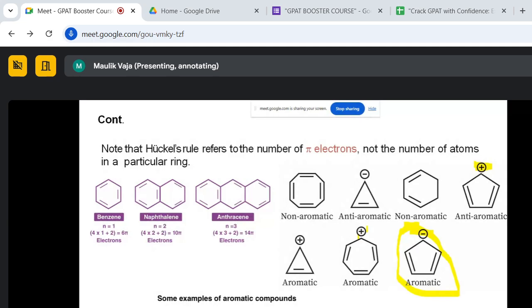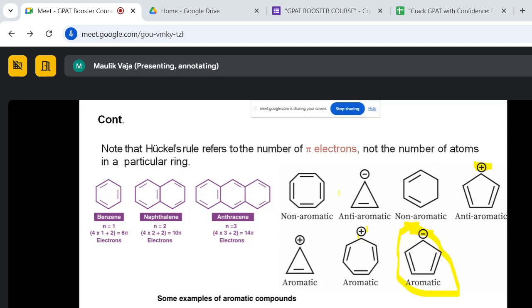In GPAT they ask by giving the structure or name of a compound, like what is the nature of the tropylium ion? Aromatic, anti-aromatic, non-aromatic, aliphatic. The answer will be aromatic. Naphthalene will be aromatic.